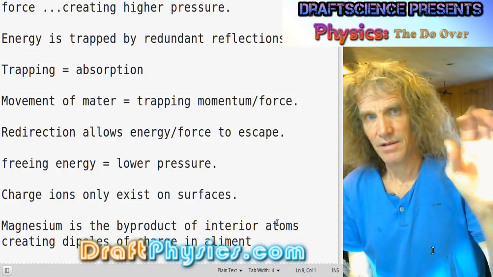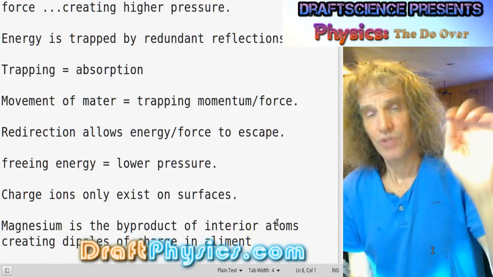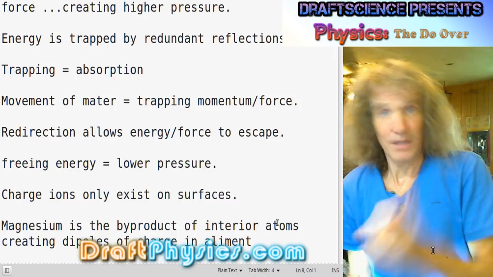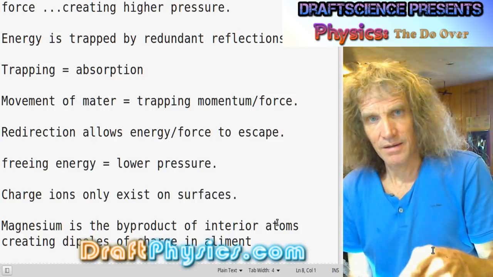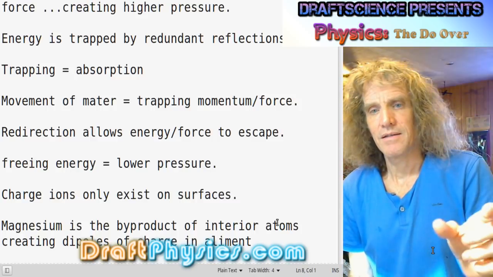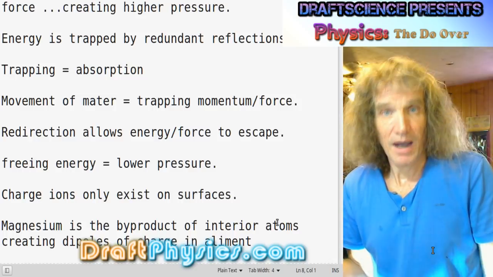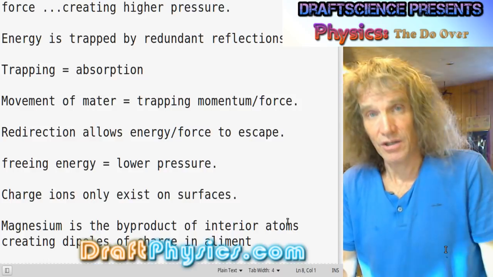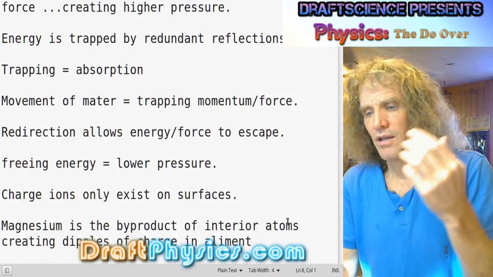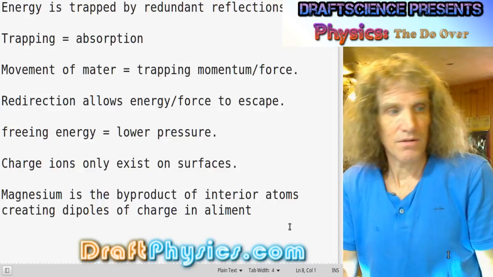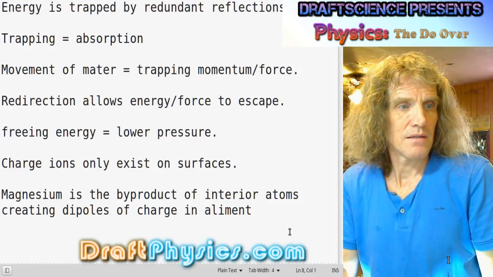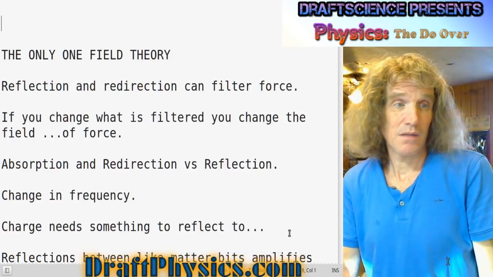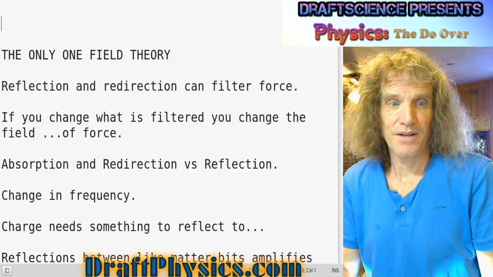So reflection is the key to how charge functions and makes things attract and repel, where redirection is the key to how a magnet creates the same kind of phenomenon, just a different manifestation of a change in the pressure, a change in the composition of the field. So that's what I've gotten written so far, and so we'll see how it goes.